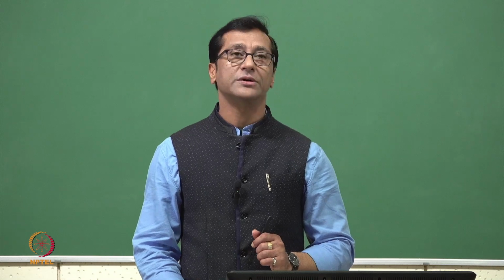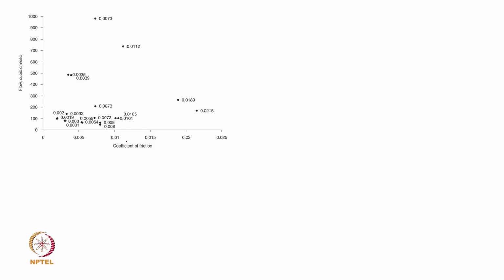Now coming to the power loss, instead of power loss we use the coefficient of friction as one of the objective functions here. Oil flow is another factor, and we have selected all and the optimized solution. You can see these are the inferior solutions, 0.0073, 0.0112.